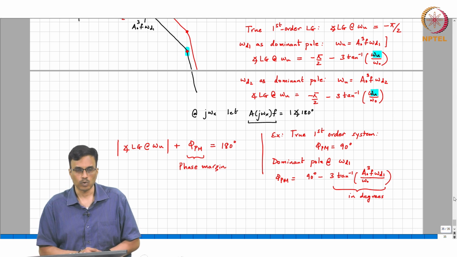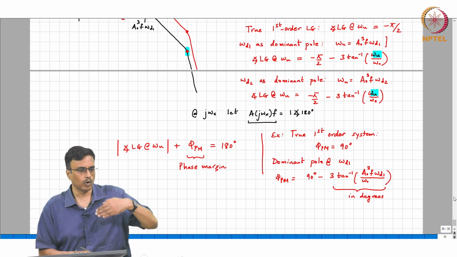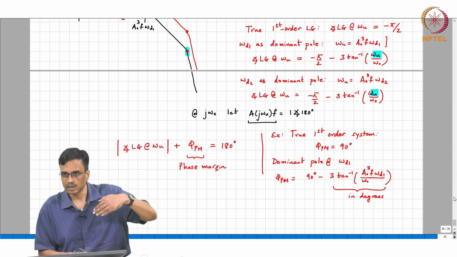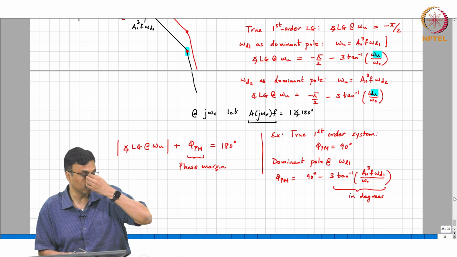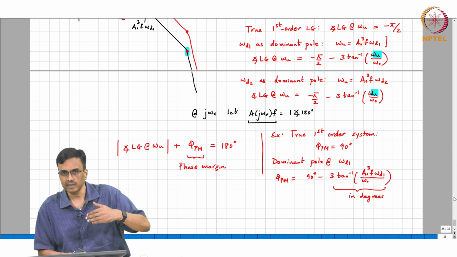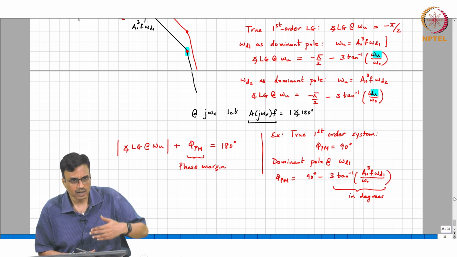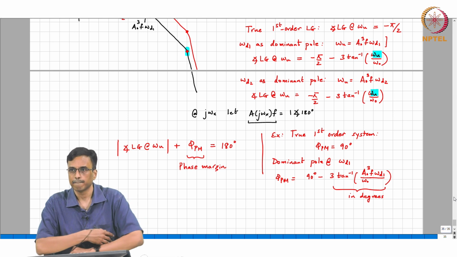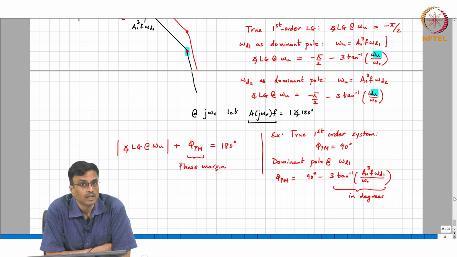So, the moral of the story is that the closer the system's loop gain is to true first order behavior, the closer the phase margin will be to 90 degrees, right.